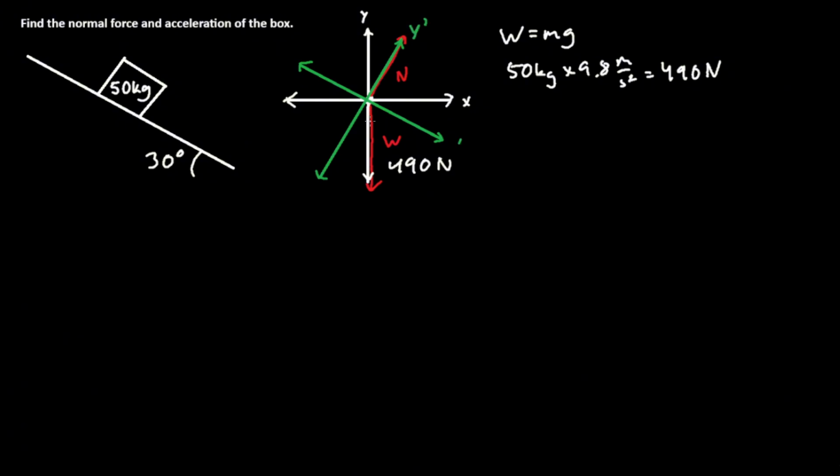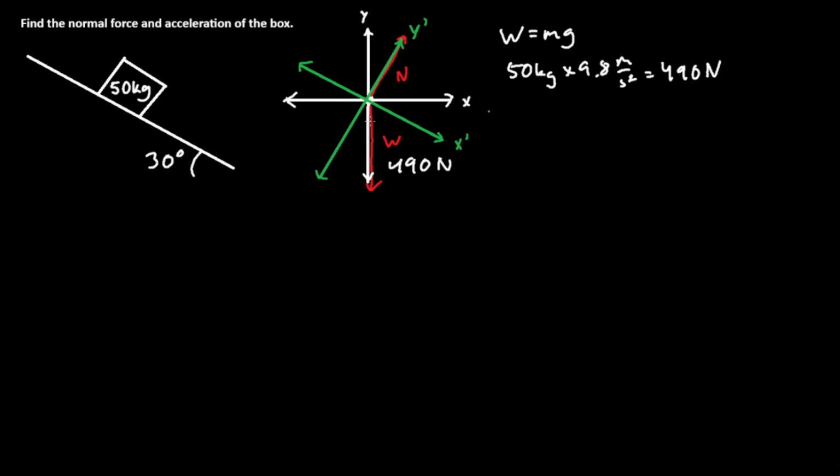It's usually called y prime and x prime. So your normal force is going to be parallel with your y-axis, and your new x-axis is going to be parallel with the ground. And this makes sense because axes are 90 degrees from each other, and your normal force is 90 degrees from the ground.